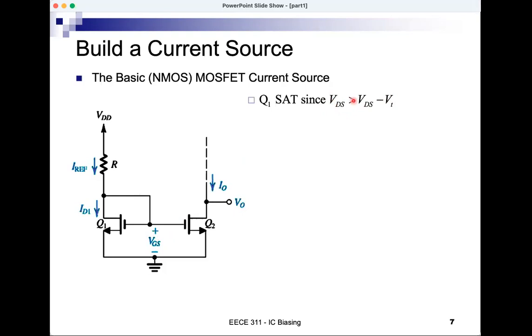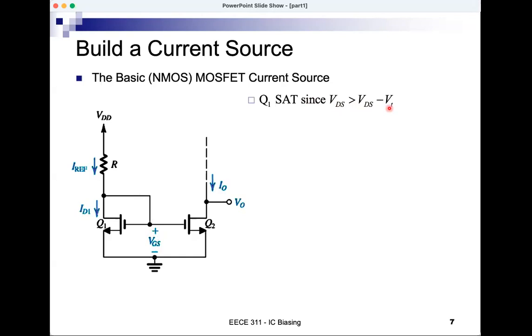Like 5 would be greater than 4 if VT is 1. But what did we say about VDS? VDS is equal to VGS. So I will replace this VDS by VGS. And if I replace it, then because of this short between the drain and the gate, VDS would always be greater than VGS minus VT for Q1.